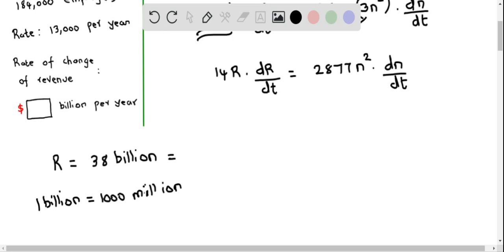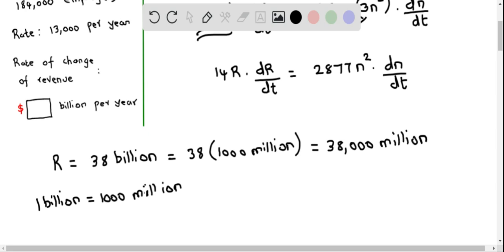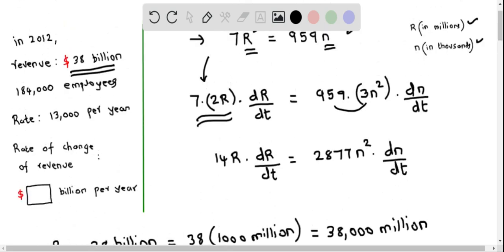So therefore 38 billion equals 38 times 1000 million. And so this equals 38,000 million. I have converted R to 38,000 million, and we have 184,000 employees. That is, n has to be in terms of thousands.